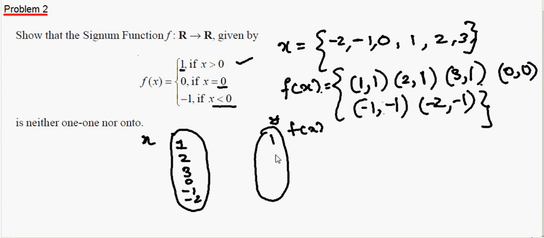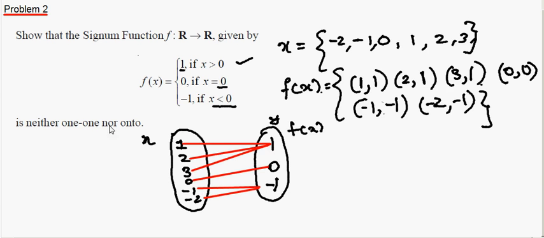So it will be 1, 1, 1. Instead of writing so many times, the values which are repeating are 1, 0 and minus 1. Whenever it's positive, the answer is always 1. If it is 0, it will be 0. If it is a negative value, it is minus 1.